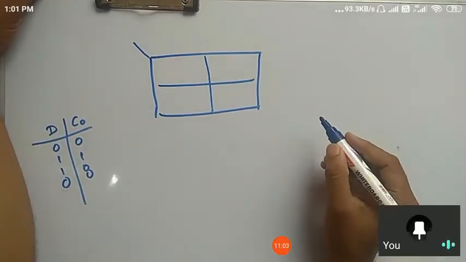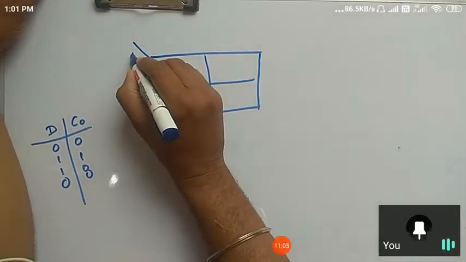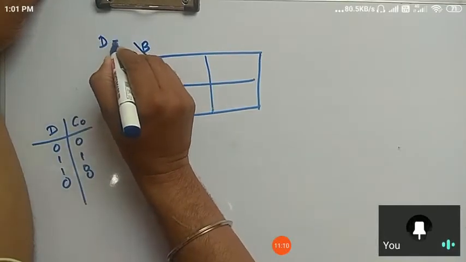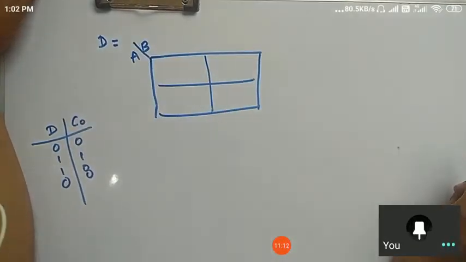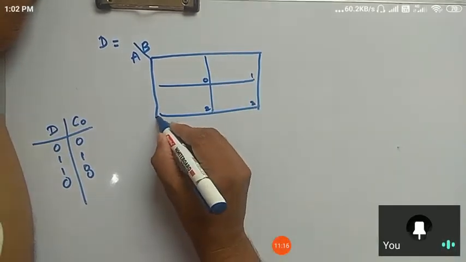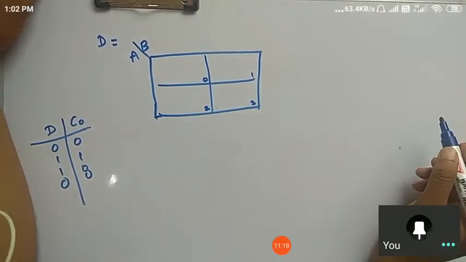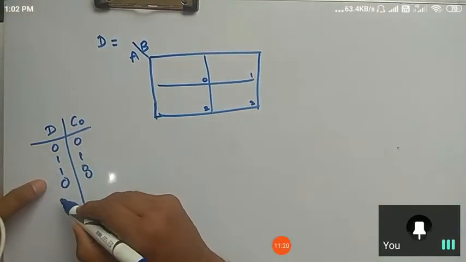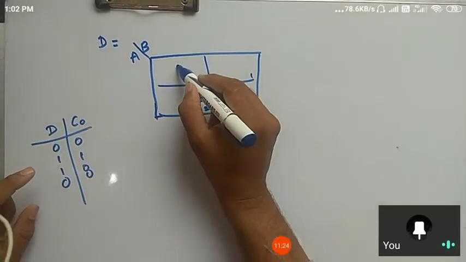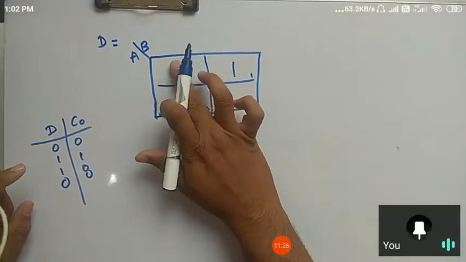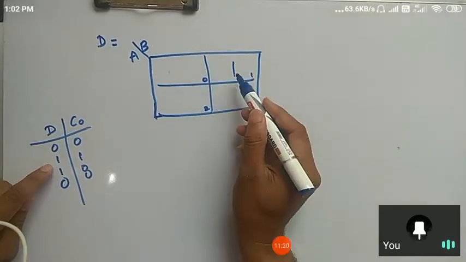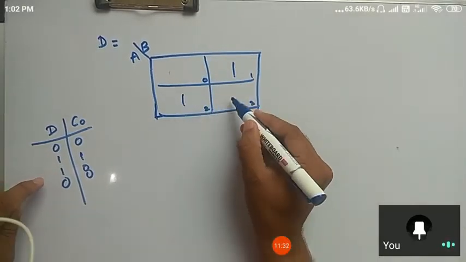Obviously 4. A and B are the inputs, and we are finding the equation of the difference. These are the cell locations 0 1 2 3. Now for the difference, the column is 0 1 1 0, right?